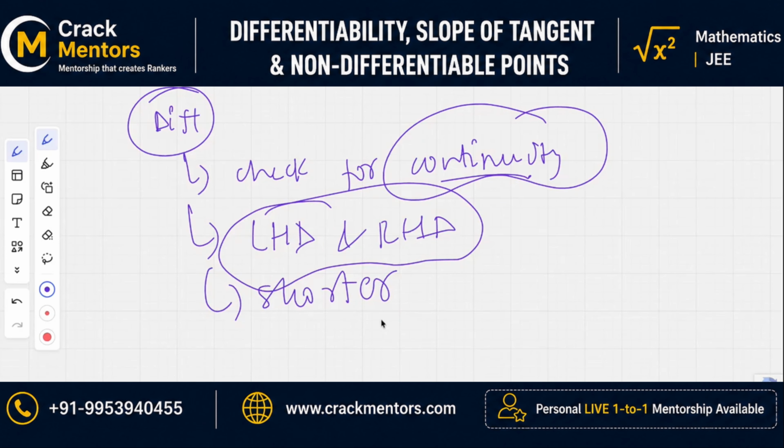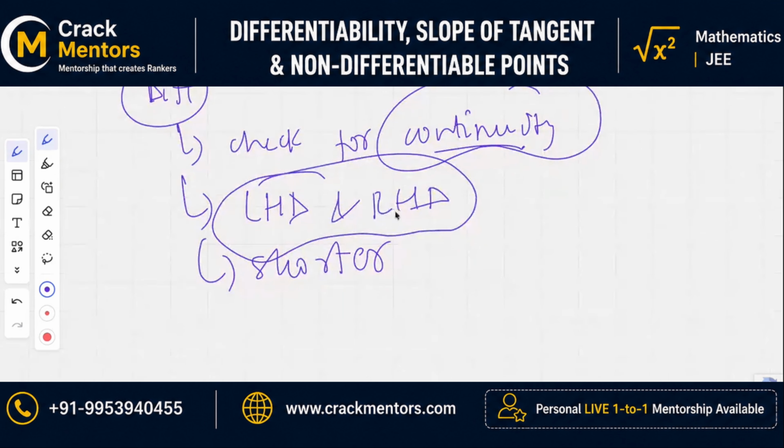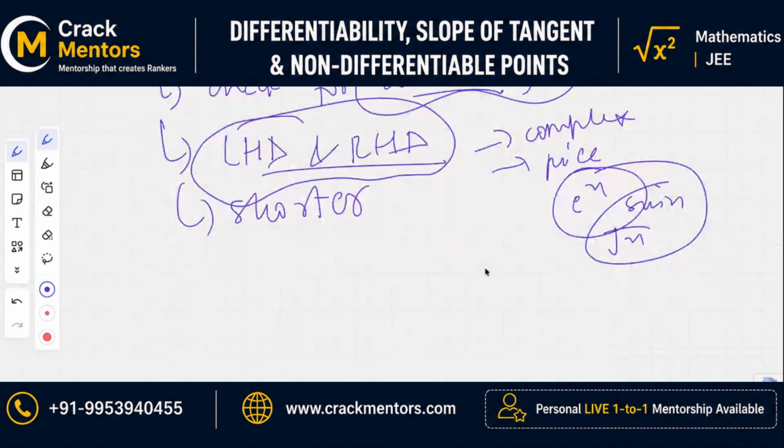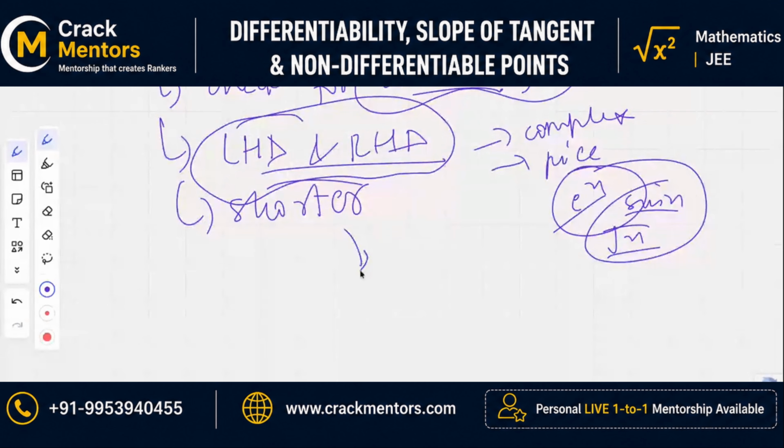So we'll talk about that. You should use LHD and RHD for complex looking, lengthy, weird looking piecewise functions, when you have a lot of functions like sin x, exponentials and everything. Otherwise, when can you use the shorter method?